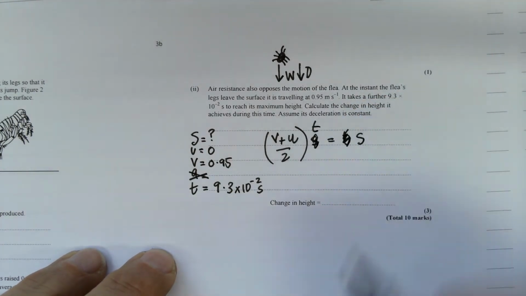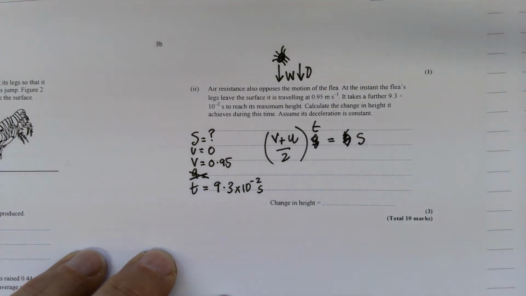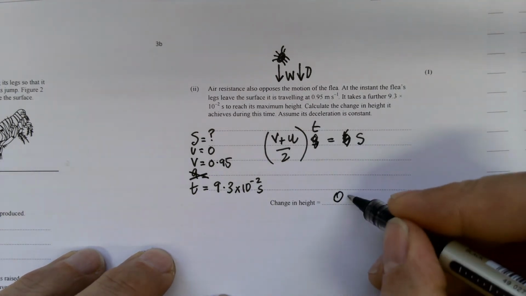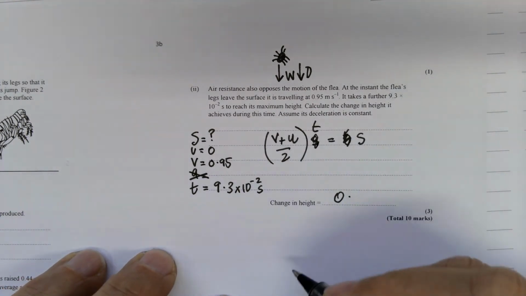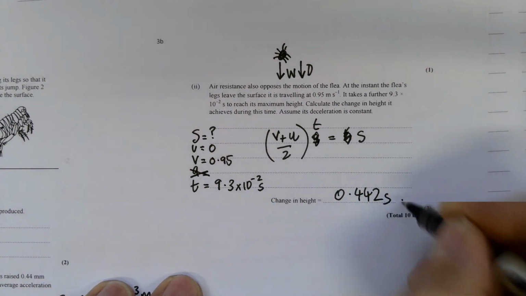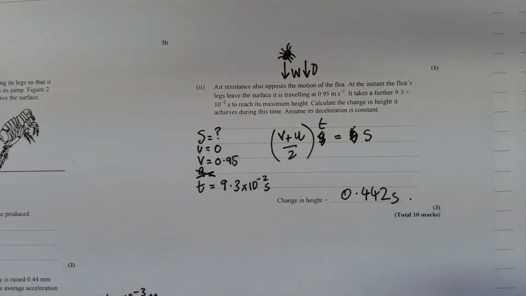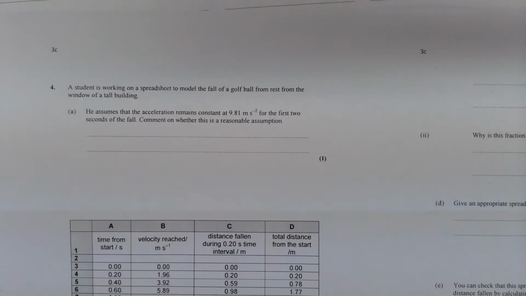Written it down wrong. There you go. So the average velocity times the time tells you the distance travelled, and it comes out at 0.442. There you go. That question has been my nemesis. Right, let's have a look at the final question.